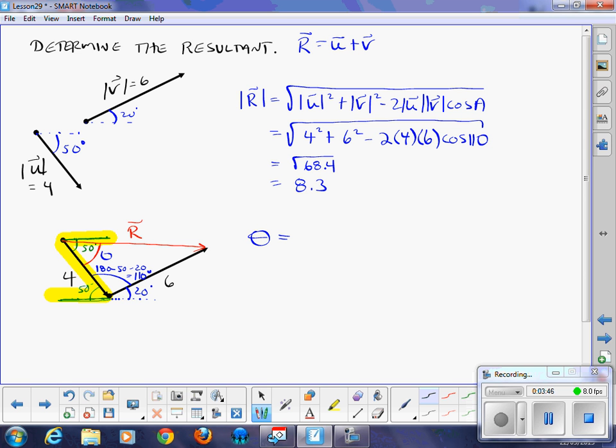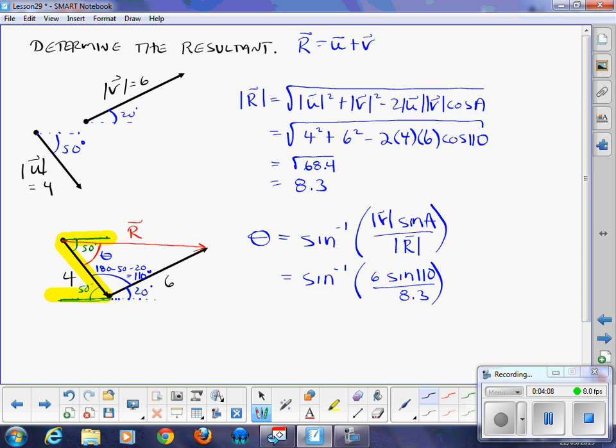So we're looking for theta. That formula still works: sine inverse of magnitude of v sine A over magnitude of the resultant. That doesn't change, so I'm not lying to you. The magnitude of v was 6, sine 110, over the magnitude of the resultant, which we just got to be 8.3.